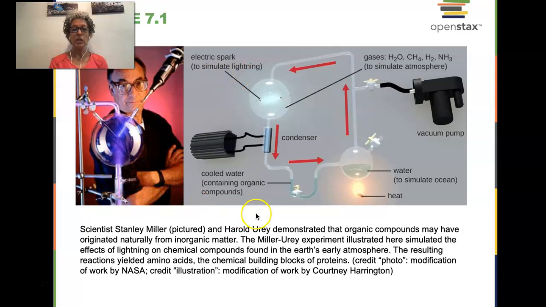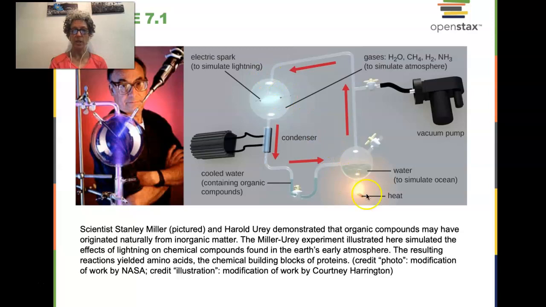So Stanley Miller did an experiment where he put water, methane, hydrogen gas, and ammonia into a chamber to simulate the atmosphere as it was on early Earth, water that had salt in it to simulate the ocean, and applied heat and an electric spark to simulate lightning.